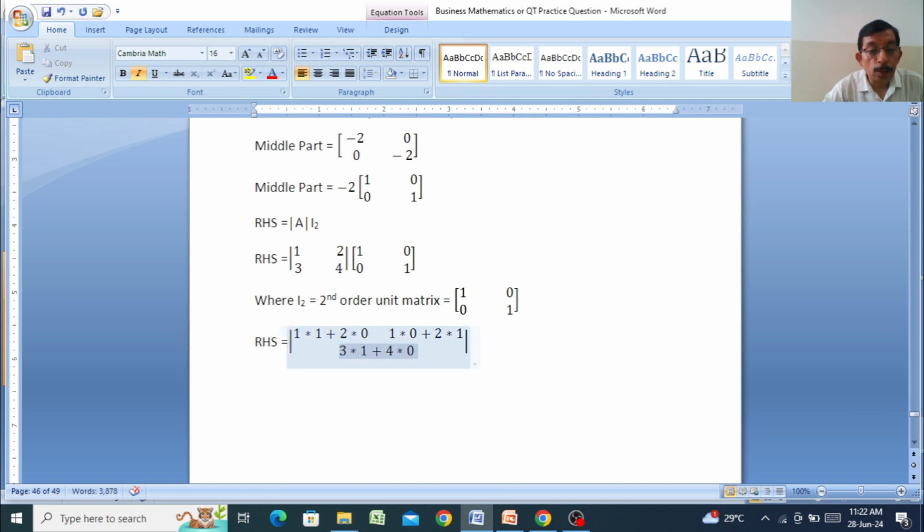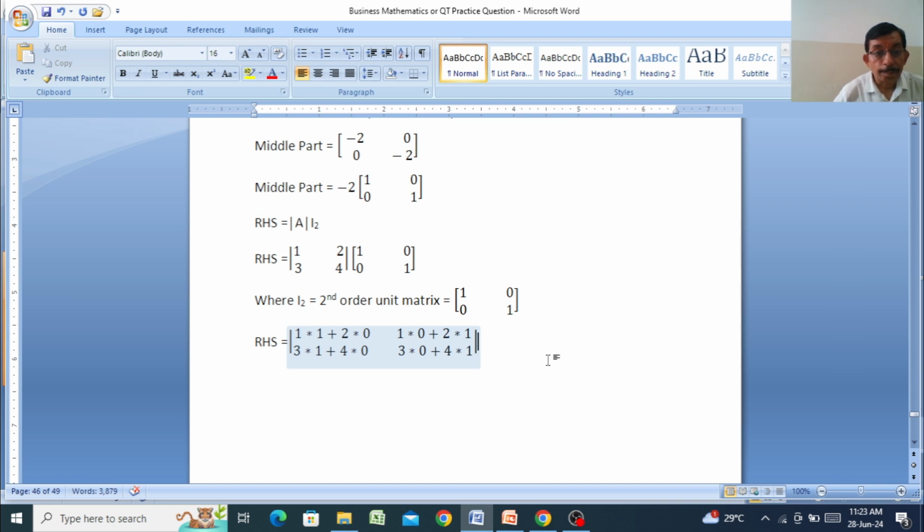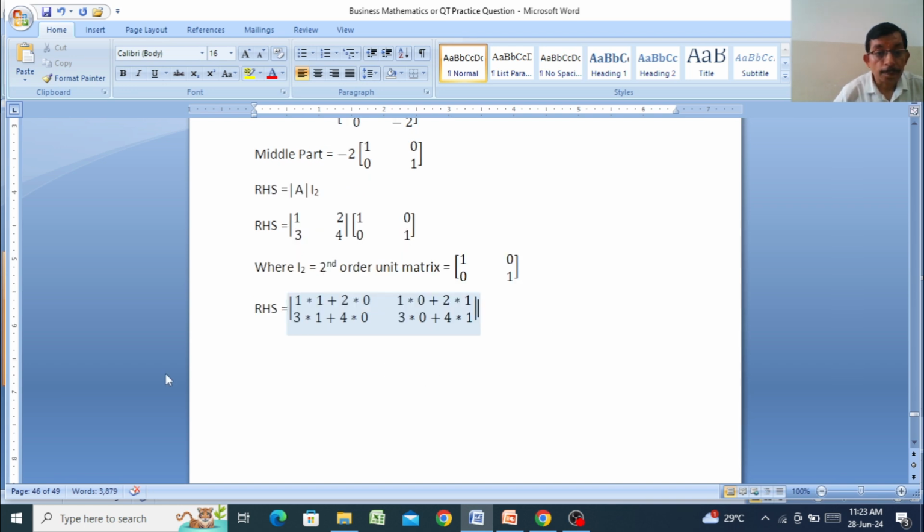Now the second column: we get the last element of this matrix, 3 multiplied by 0 plus 4 multiplied by 1. The multiplication of both the matrices is complete. Now simplify.